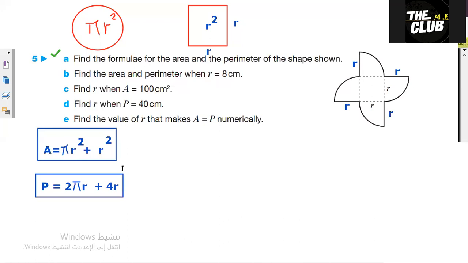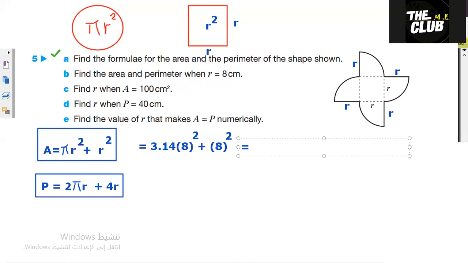So let's do B. So here A equals pi, which is 3.14, times r squared. It means times 8 to the power of 2, and then plus 8 to the power of 2 again. This is how you substitute into a formula. When you substitute a variable, you have to put a bracket to answer the question. So this is the area here. First you start with this one.